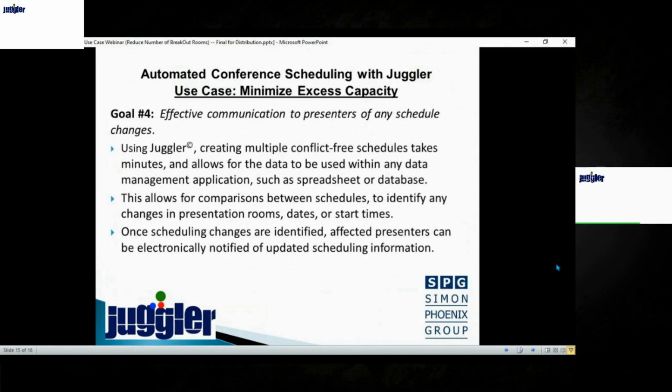They do not check for any of the other myriad constraints that some of our clients are dealing with. Those constraints can include things like accessibility needs.